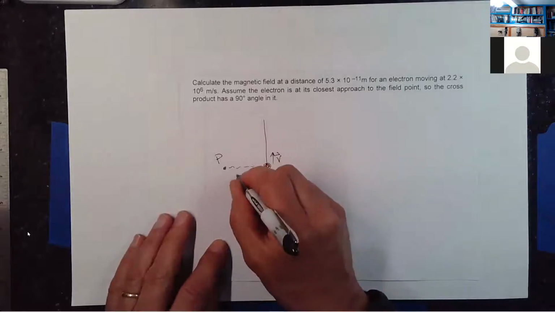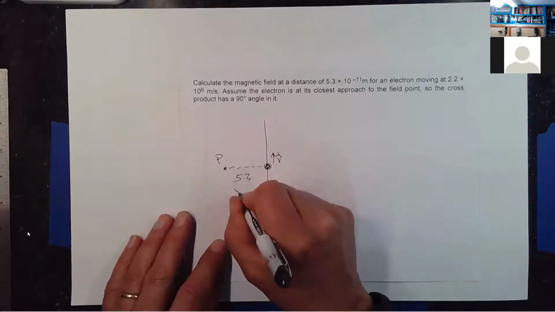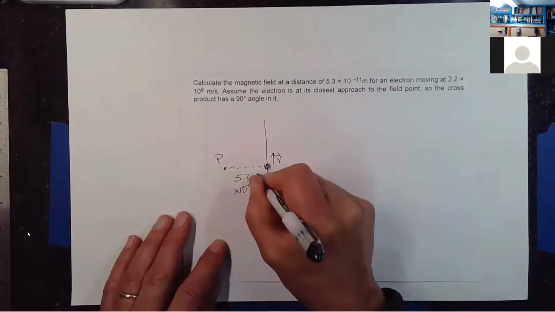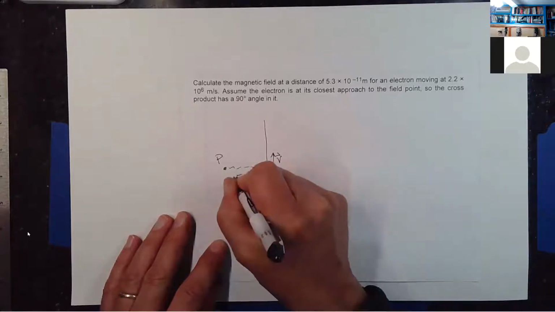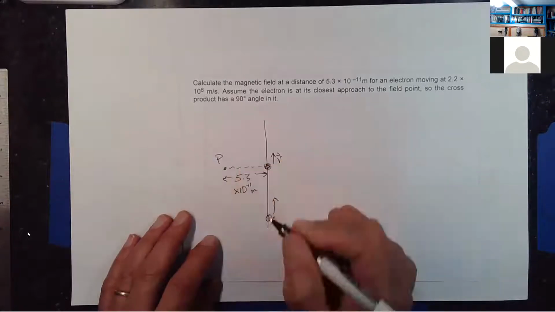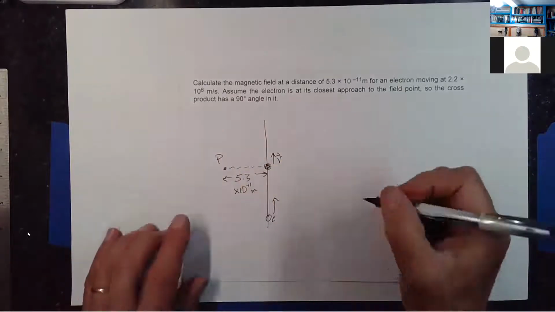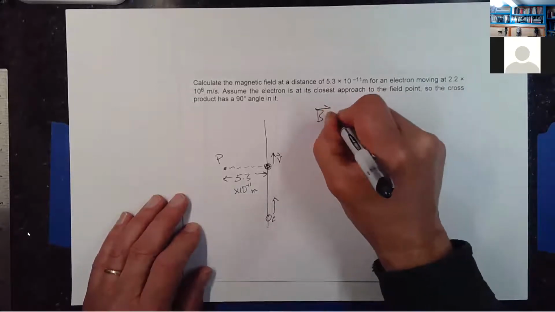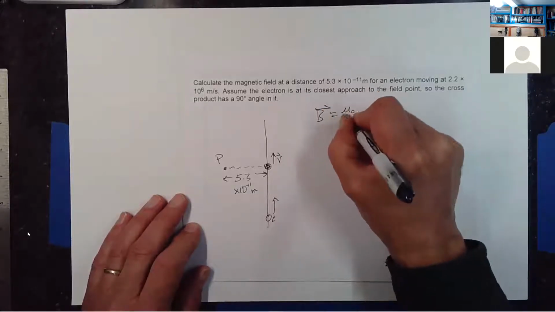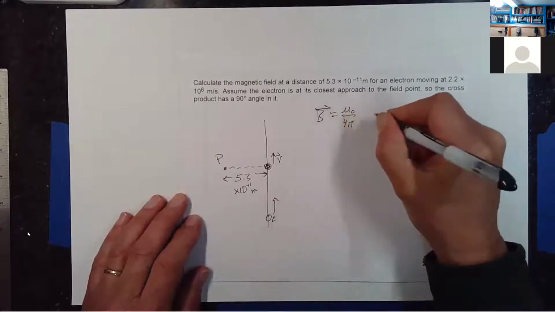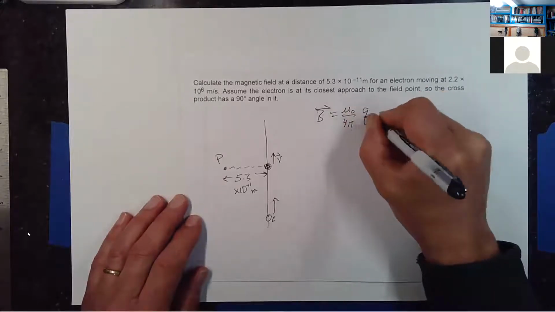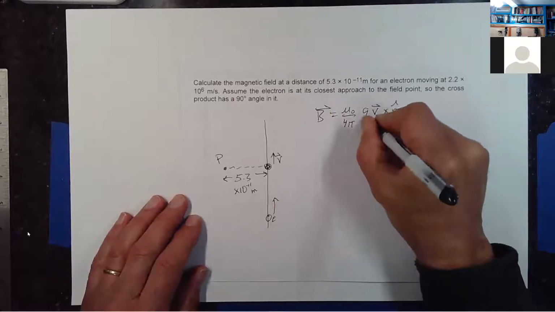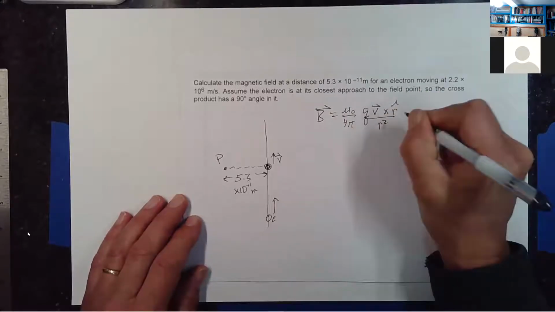So here's our 5.3 times 10 to the minus 11th meters right there. And let's take that expression we've got, that B is mu naught over 4 pi q v cross r hat over r squared.